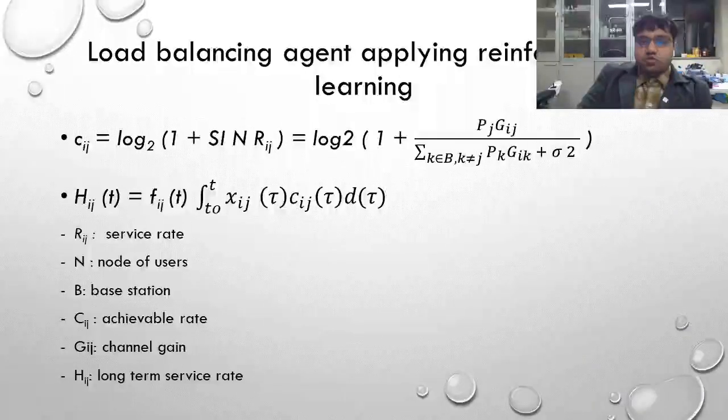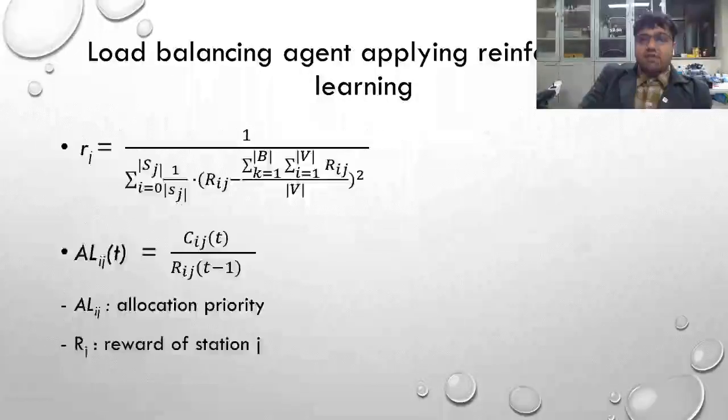So let's go back to the previous slide we have talked about. This is the load balancing scheme that is applied in the reinforcement learning, and this is the reward for each station that is allocated properly, and there is an allocation priority. As I have said before, in the reinforcement learning system, your allocation has to be prioritized to manage all the load balancing.